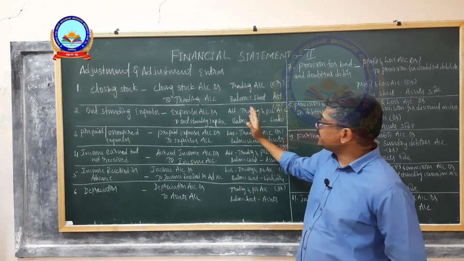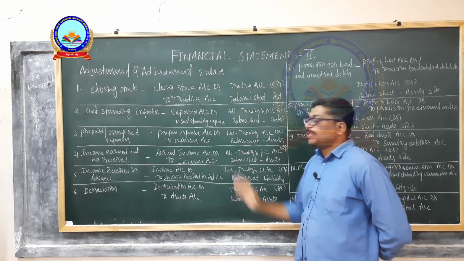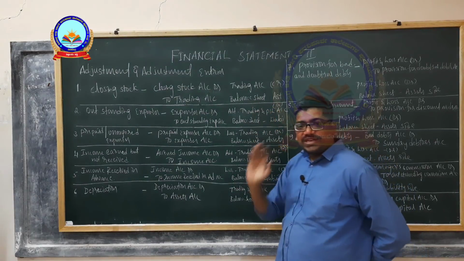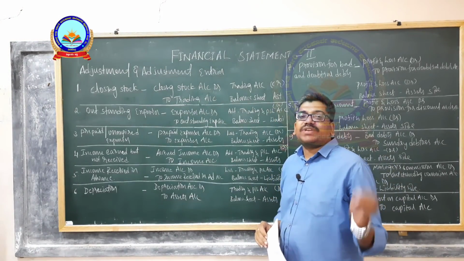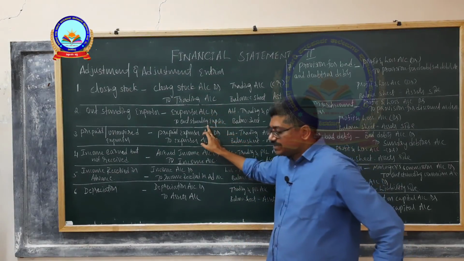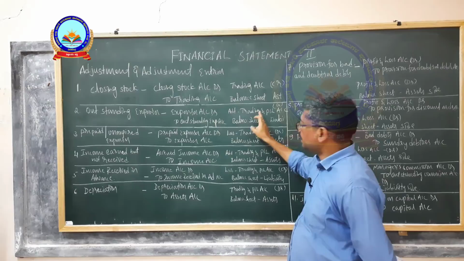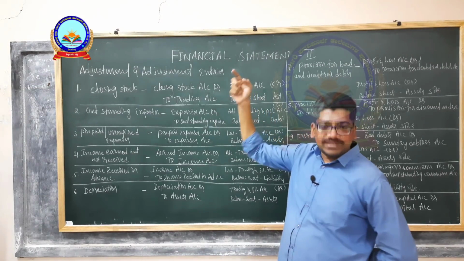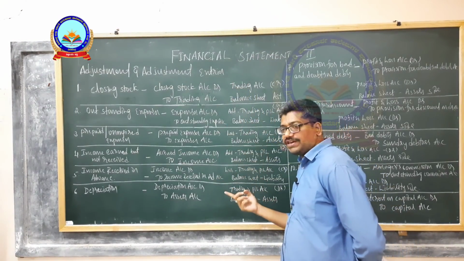And in the financial statement, where to record? As we have seen already, all indirect expenses appear on the debit side of the profit and loss account. Therefore the expenses will appear on the debit side of either the trading account or the profit and loss account. Wages is a direct expense, so outstanding wages will appear in the trading account. Salary is an indirect expense, so it will appear in the profit and loss account.